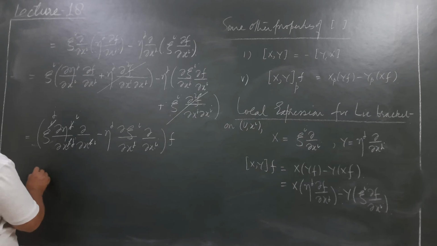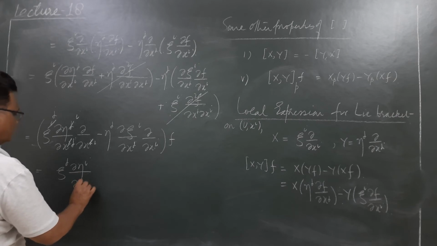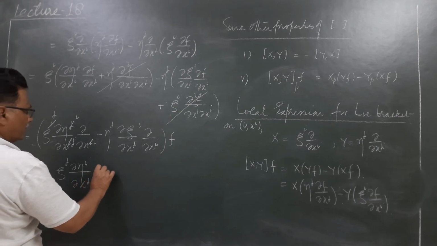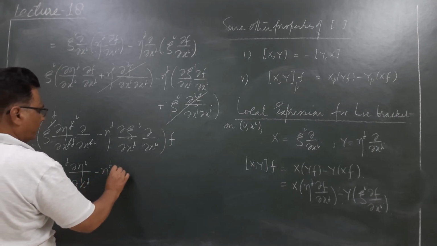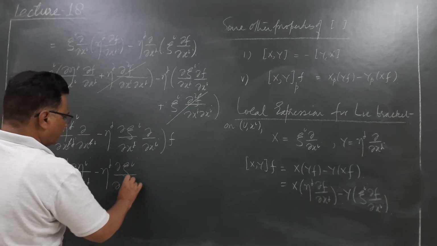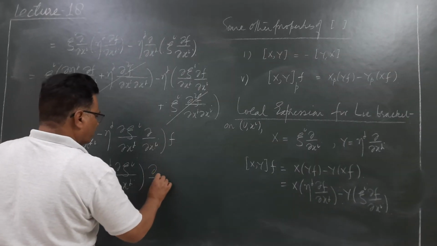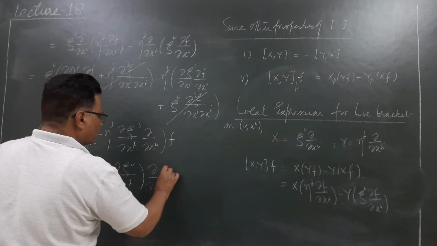So what you get is xi^j into del eta^i upon del x^j minus eta^j into del xi^i upon del x^j, multiplied by del upon del x^i of f.